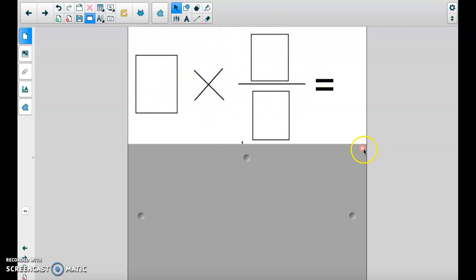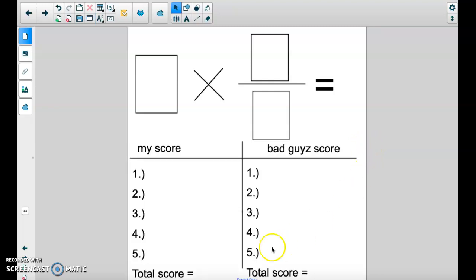And I would also want to set up a scoreboard, because I like to win. So I would have a scoreboard of some sort: my score, bad guy's score. Keep track of your scores, and then add up your total scores. So if last round my score was 1/4, I would put 1/4 here, and I would do that all 5 of my rounds.